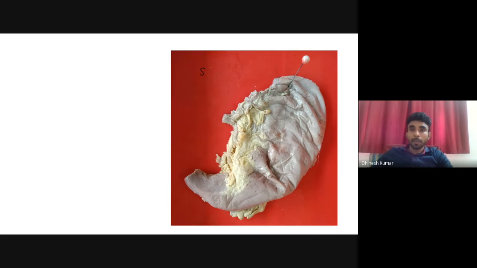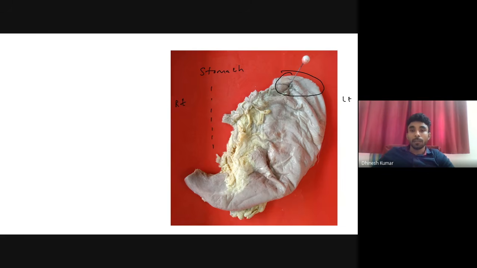Actually, this is the specimen of stomach, isn't it? Can you please try to identify the pinned area of the organ? Which area of the stomach is pinned? For that, you have to understand this is the left side, this is the right side. This is the midline.